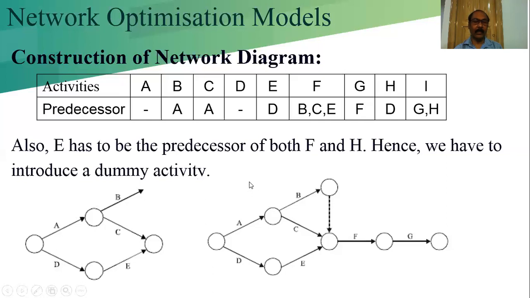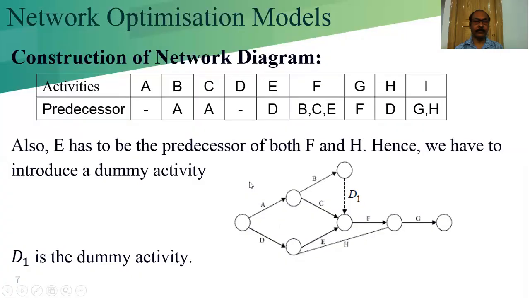I'm showing in the next diagram. So D is the predecessor of H, G is the predecessor of I along with H, and H is from D.